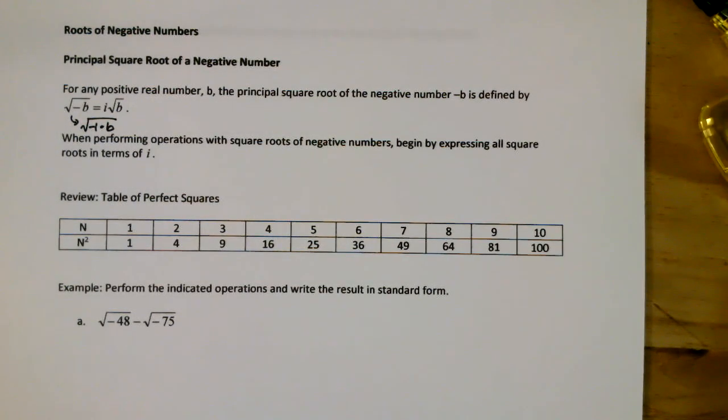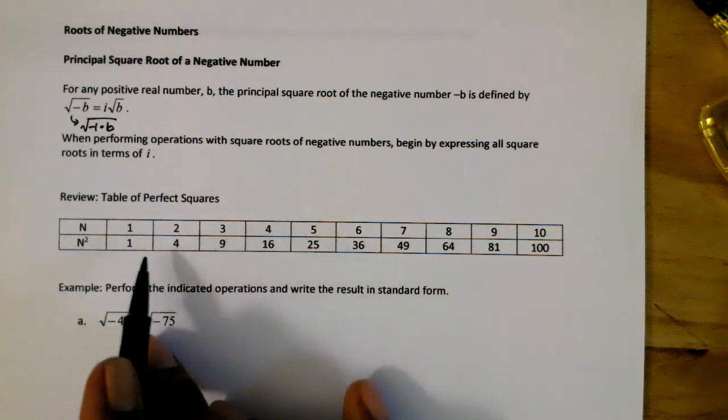Now, when performing operations with square roots of negative numbers, you will always begin by expressing all square roots in terms of i. That will be the first thing you do. Express all of your square roots in terms of i, and then you will take your square roots.